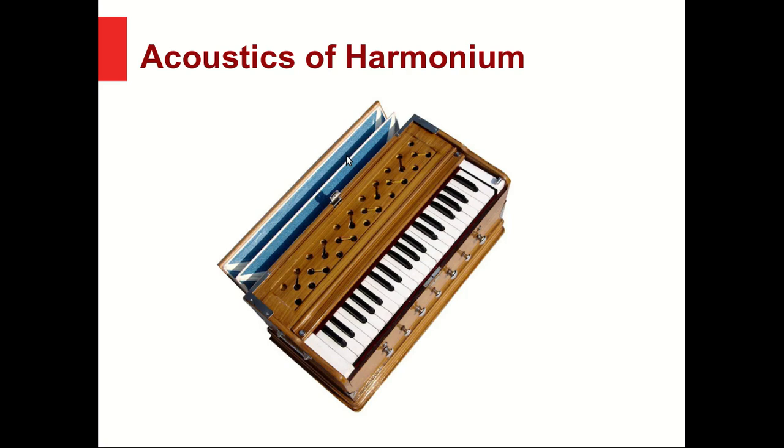If you have noticed, there are some holes on the opposite side of the bellows, at the back side of the harmonium. Those holes we call the air valve of the harmonium.